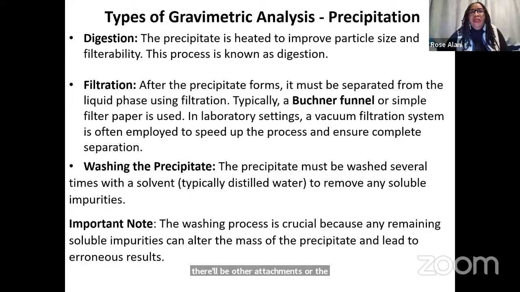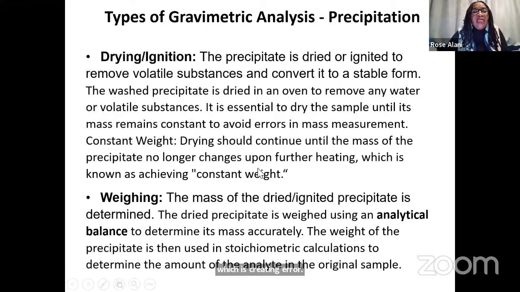By the time you weigh it, you have a higher quantity than what you're supposed to have, and the extra quantity is from the impurity, which is creating error. So this is important. Then the drying, I've already talked about it, and the weighing, I've talked about it in the general gravimetric process.